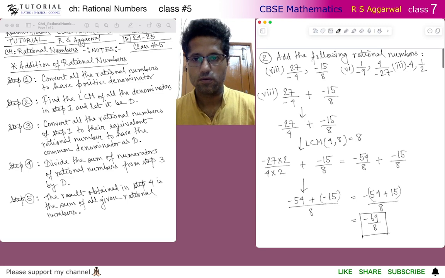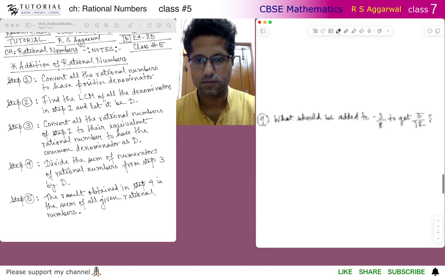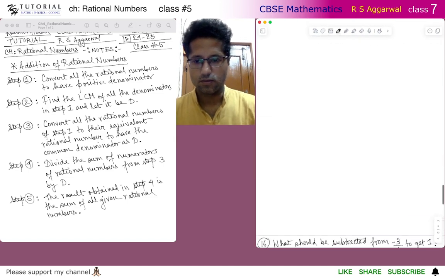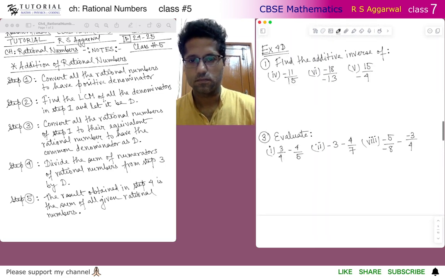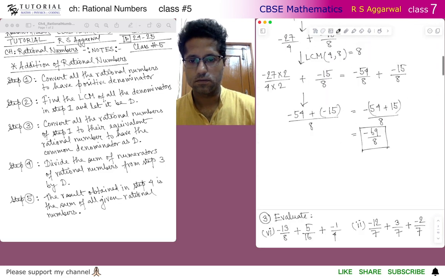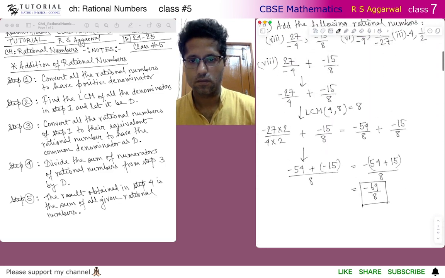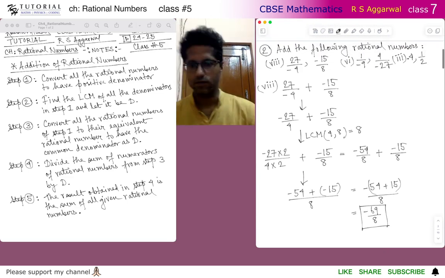Okay, let's do 6. Oh, I don't have any space. I should have left more space. Now what? Okay, I have to do it here only, because I do not have any space.